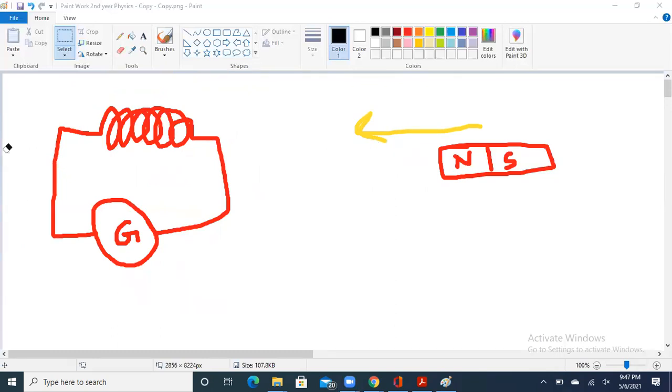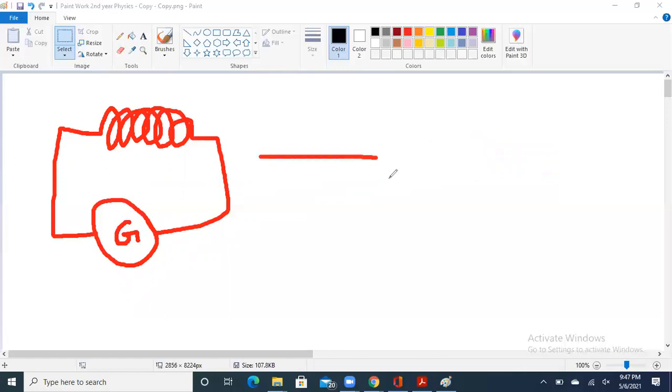When it is moving from right towards the left, this magnet is going at a lesser distance. It is going to the least possible distance, and it is coming close to the coil system.